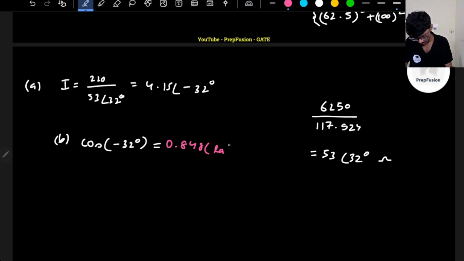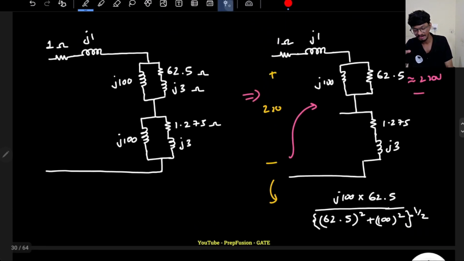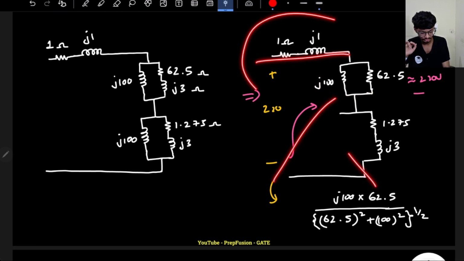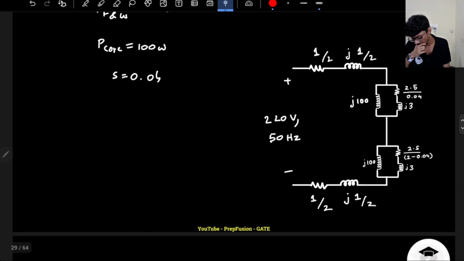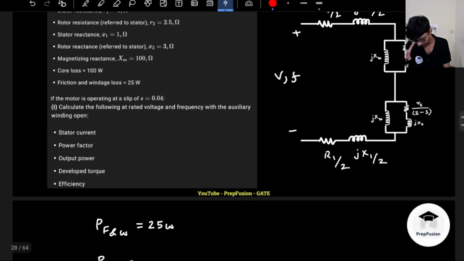Remember it is lagging because the current is lagging the voltage, right? So we have got these values. If you have doubt, you don't approximate it, you directly calculate, right? Using the equivalent diagram, you solve the circuit, you will see almost you are getting a similar answer. Okay, so that is the case over here.